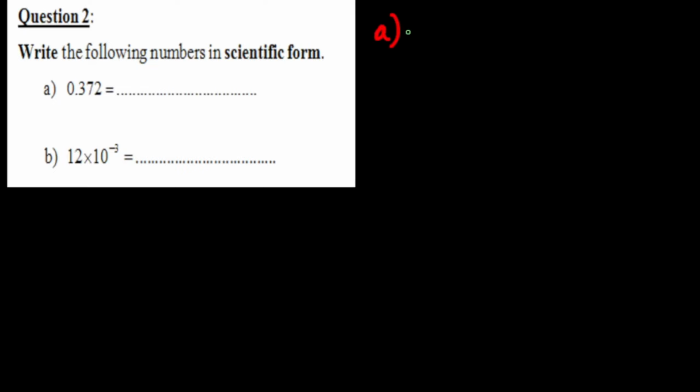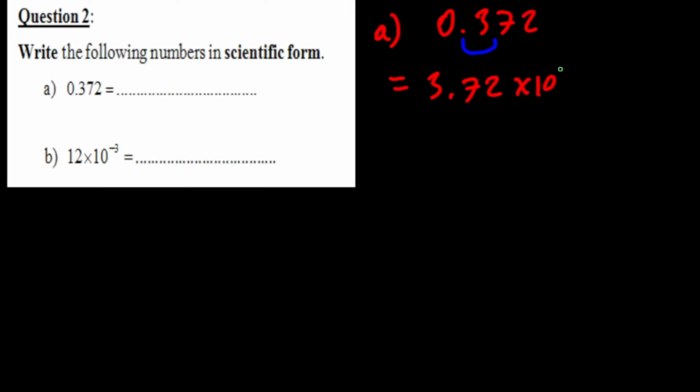For A, we have 0.372. So we need to write it as one number, then a decimal point, and then the rest of the numbers multiplied by 10 to the power of something. So we need to move the decimal point one place to the right, giving us 3.72 multiplied by 10.